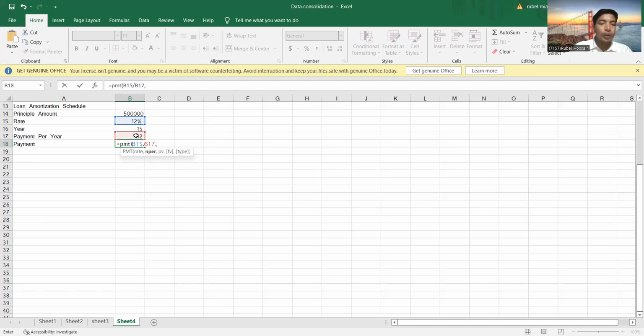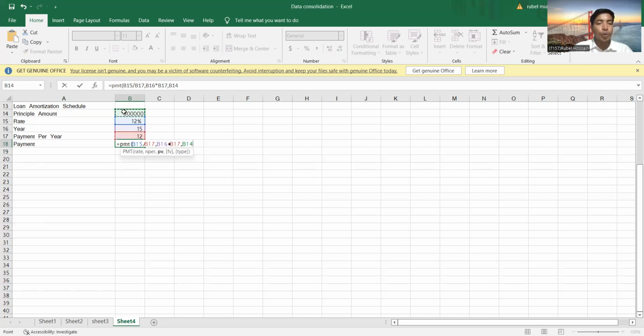Then comma, and then NPER, the number of years, 15, multiplied by payment per year. Then comma, then present value.